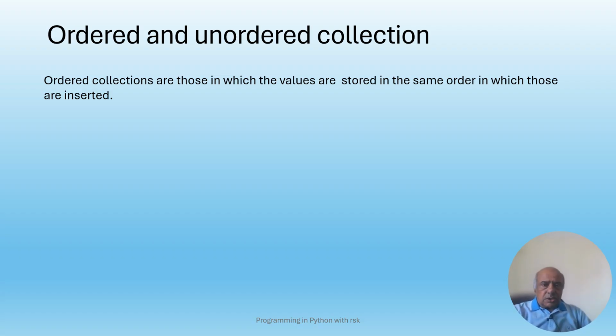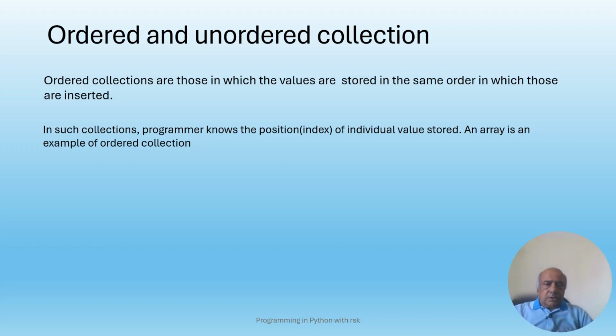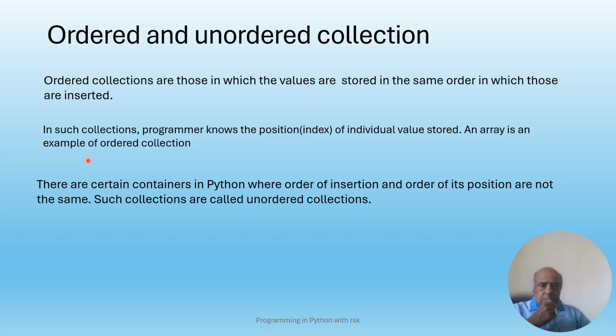So there are ordered collections in Python also, and some of the collections are unordered. In ordered collections, the programmer knows the position or index of an individual value stored. There are certain containers in Python where the order of insertion and the order of position are not the same. Such collections are called unordered collections.